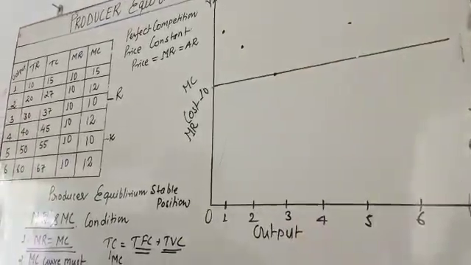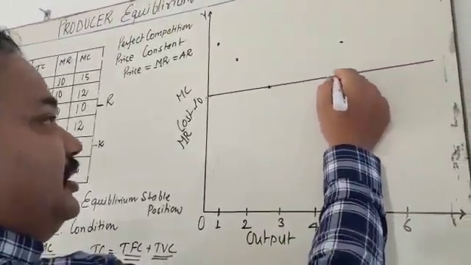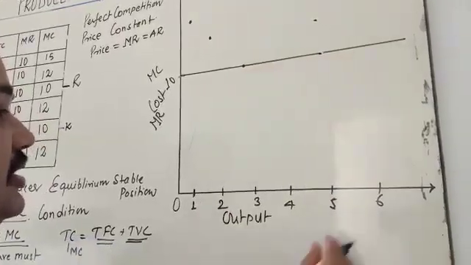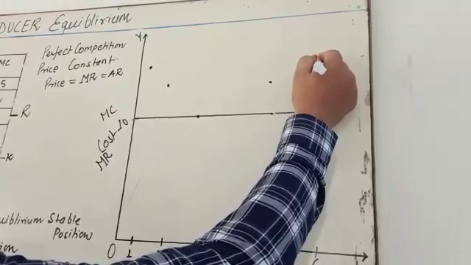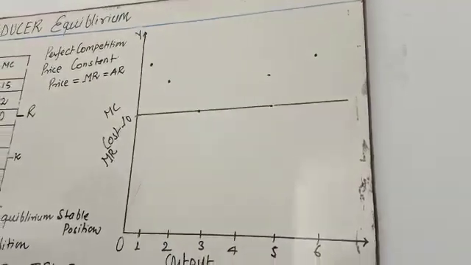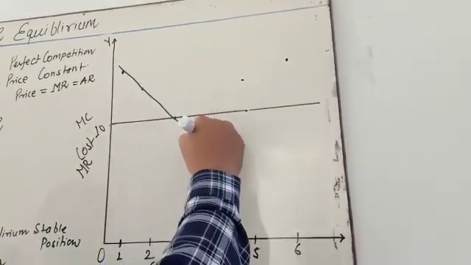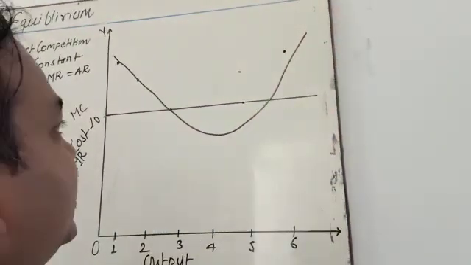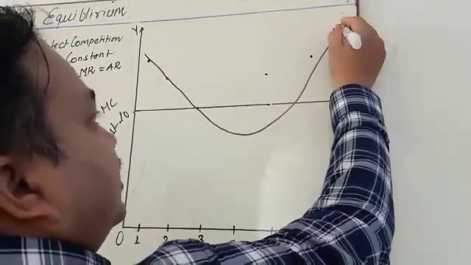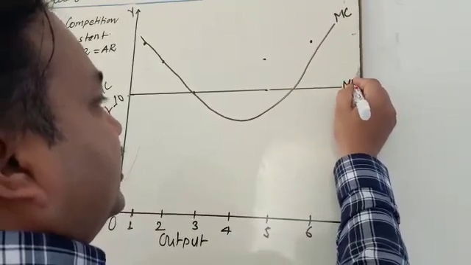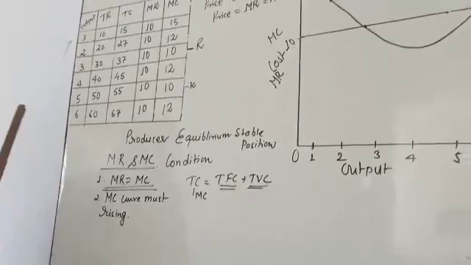Let's see. At 5, marginal cost is again 10 rupees. At 6, it is 12 again. Okay, my dear students, you observe that your graph is in this way. This is the curve in which you observe the marginal cost curve and marginal revenue. Your second criterion is that the marginal cost curve must be rising.